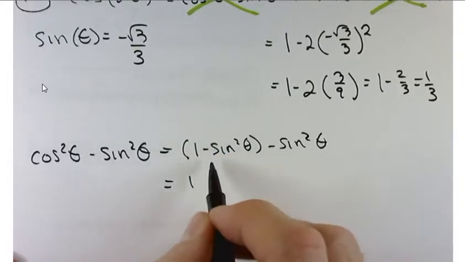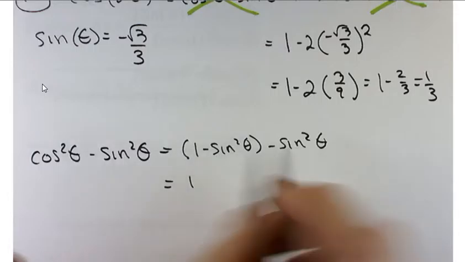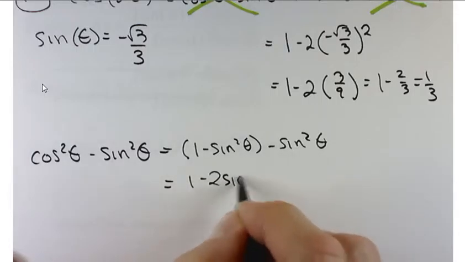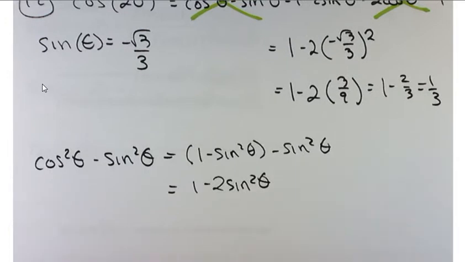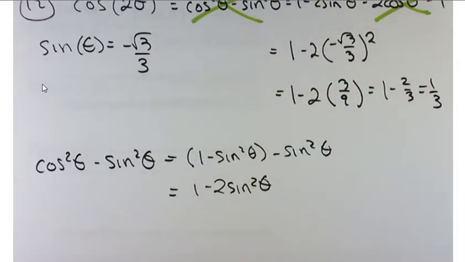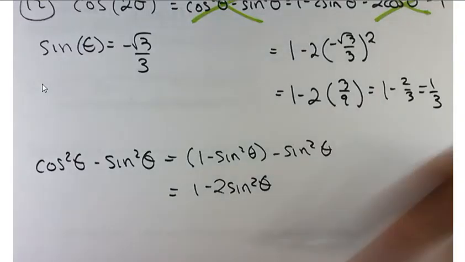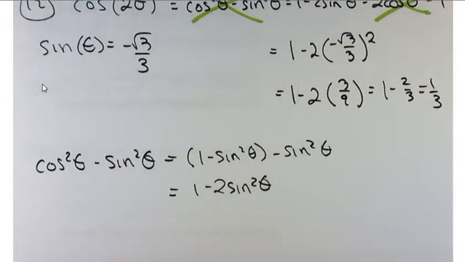I've got 1, minus 1, and minus 1 is minus 2 sine squared of theta. So that's how you're getting these extra identities in the case of the cosine double angle formula. At some point you might just want to say, I'm going to memorize it because it takes too long to generate some of these things, but in a pinch, maybe you can generate some of them for yourself if you forget them.